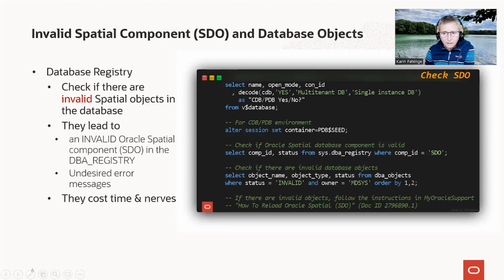And if there are any objects listed as invalid, then as I said before, you should do something about it. For that, you can also consider having a look at the document which is listed down here in My Oracle Support to get proper instructions on how to handle the situation.